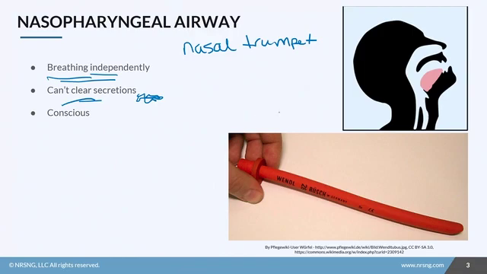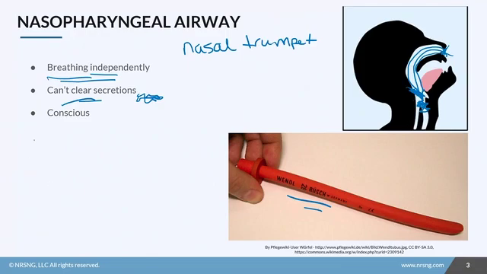So our goal is to insert this flexible rubber tube into the nose, and it'll land right here in the back of the throat so that we could then insert a suction catheter and clear some of the secretions from above their airway. Now, we need to make sure we have the right size, so we're going to measure from their nose to the corner of their jaw, the angle of the mandible, to make sure that we have the right size tube so that we're getting exactly where we want to get and get these secretions out.